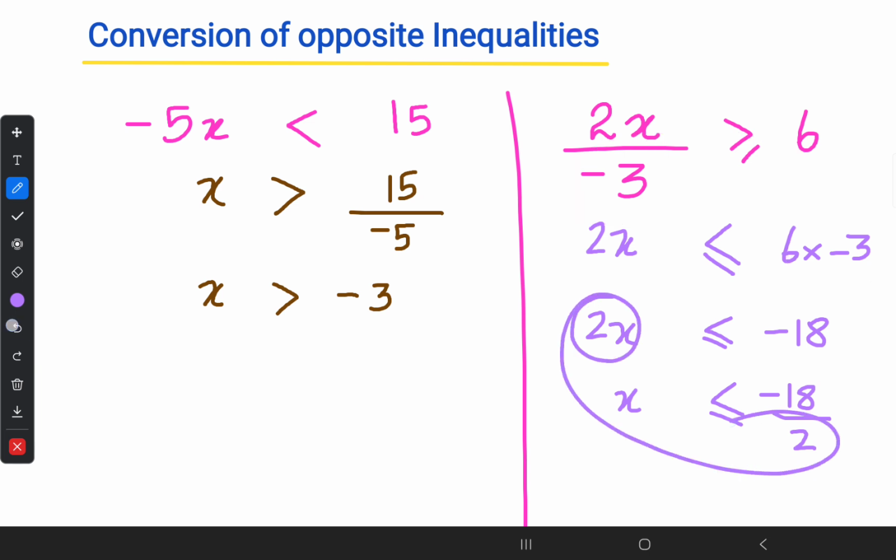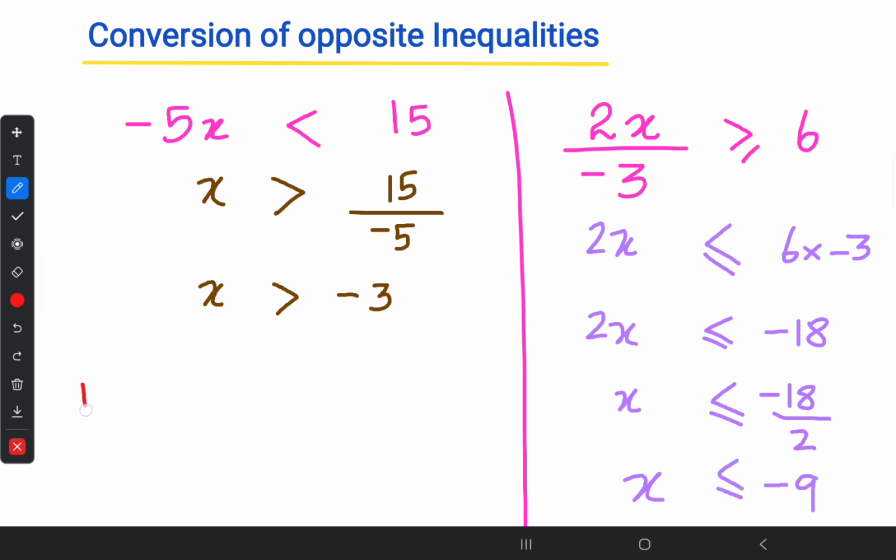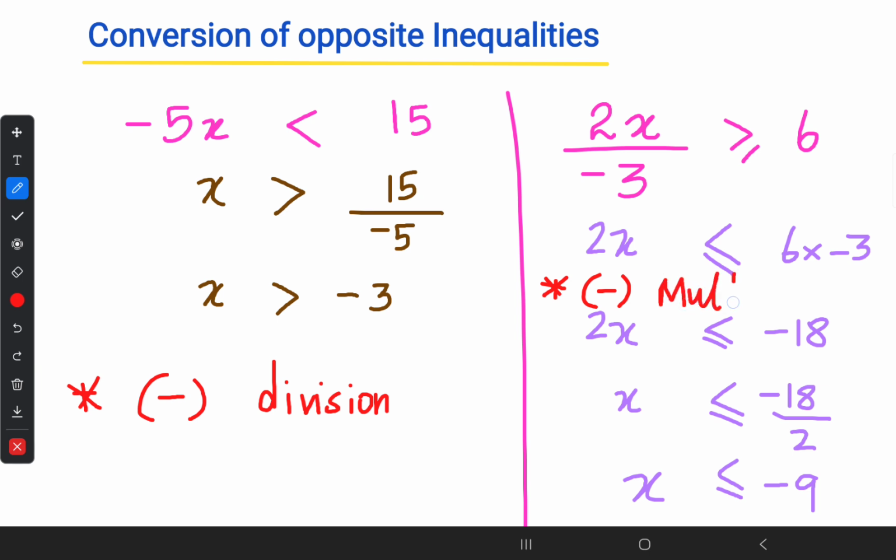This is a positive number as a dividend. So this would be the solution. Here, this is negative division, and in this case, negative multiplication. Only in those cases was the inequality changed to its opposite direction.